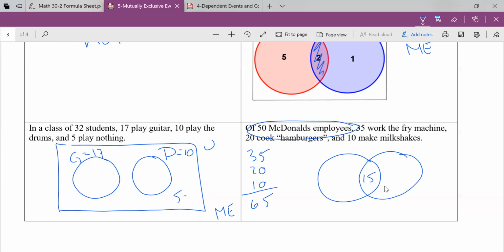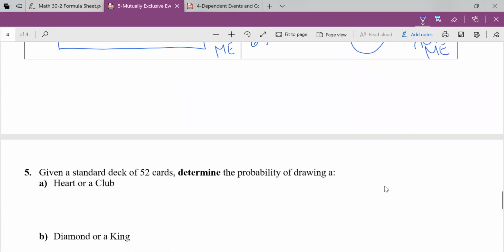There's an overlap of 15 somewhere, right? I guess there's 3 sets, isn't there? That's an ugly looking Venn diagram, but there's more people accounted for than there are employees. So I know it's not mutually exclusive. Okay, let's try just a couple more and we are done.